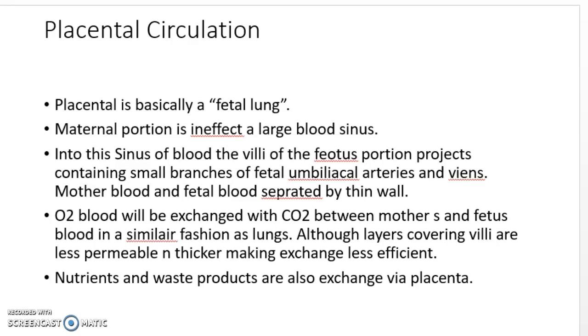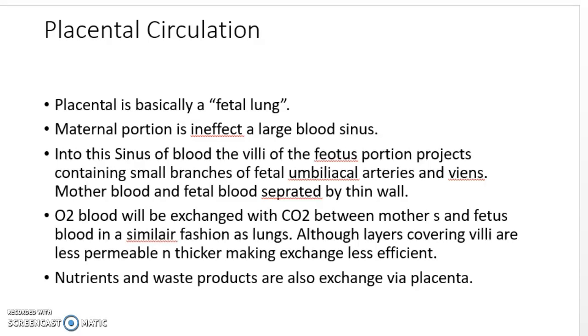Over here, there is going to be exchange between the umbilical arteries, umbilical veins, and the blood, and the mother's blood is going to be separated by a fetal wall. And over here, oxygen and carbon dioxide are going to be exchanged. The nutrients and waste products are also going to be exchanged over here.